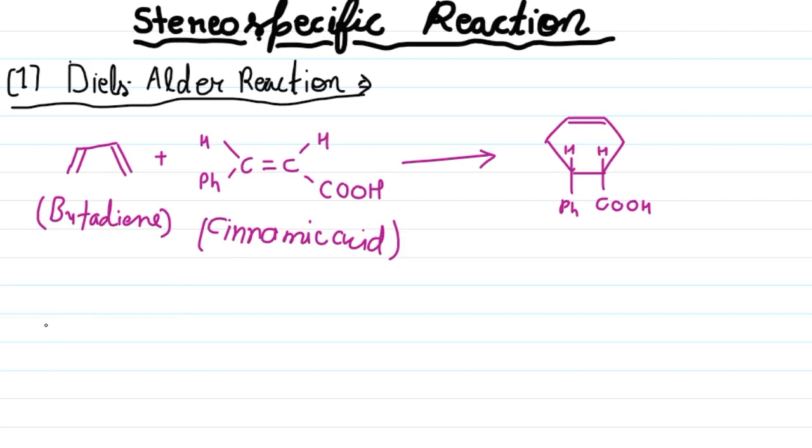If butadiene reacts with trans-cinnamic acid, trans-cinnamic acid has phenyl bonded to C, double bond C, single bond COOH, and here hydrogen.